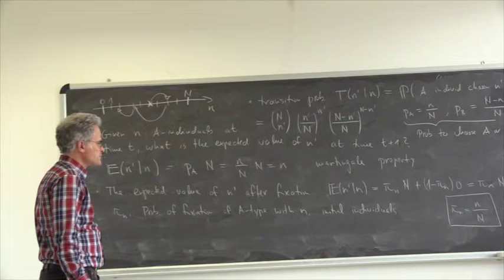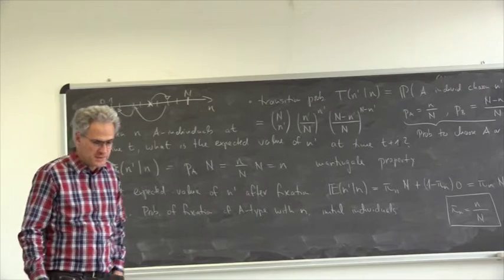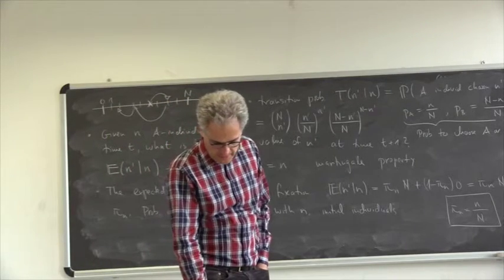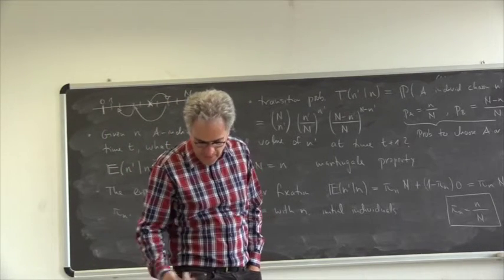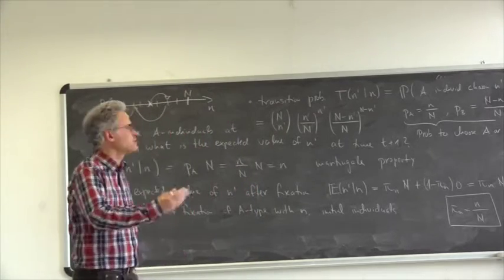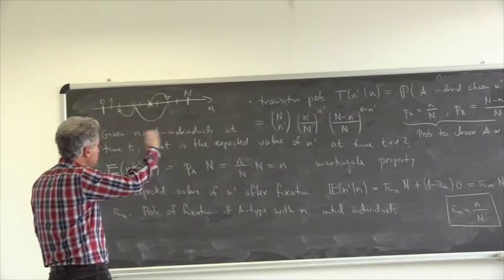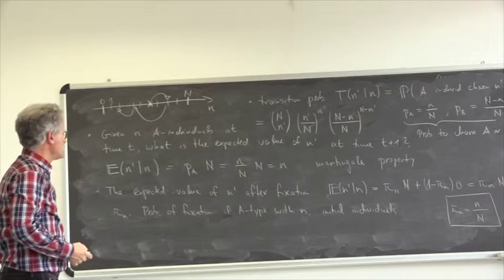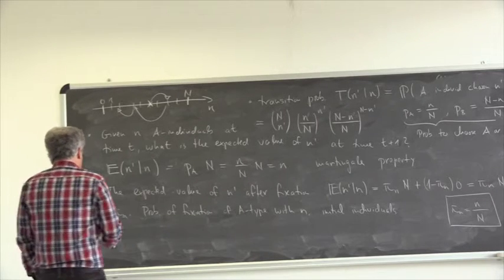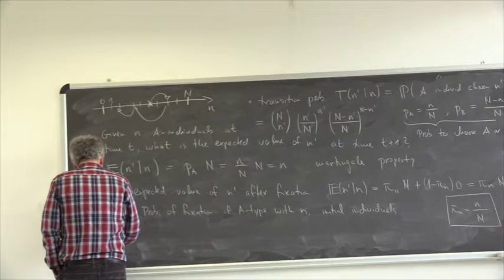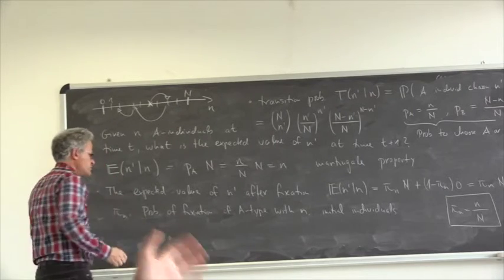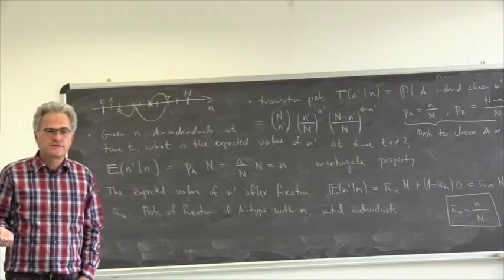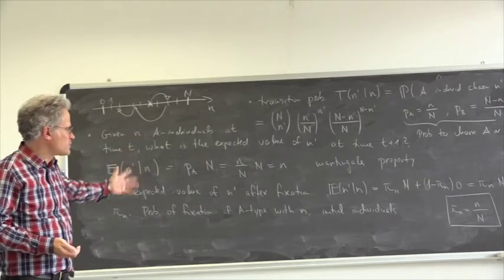So this is of course rather obvious. Now the interesting question that I want to discuss after the break is what happens if you now add selection, right? So if the two types are not equivalent, what we want to discuss is fixation in the presence of selection, and it turns out that this problem has not been solved within the Wright-Fisher model.